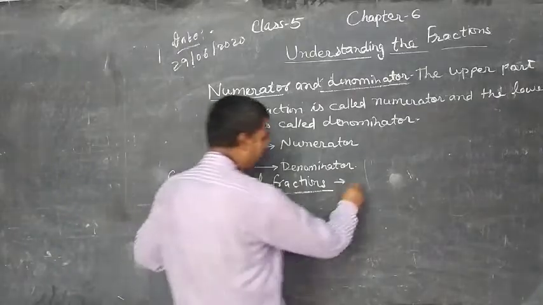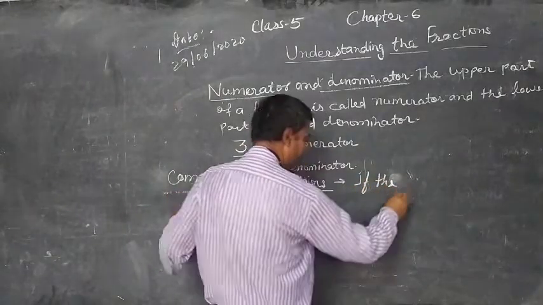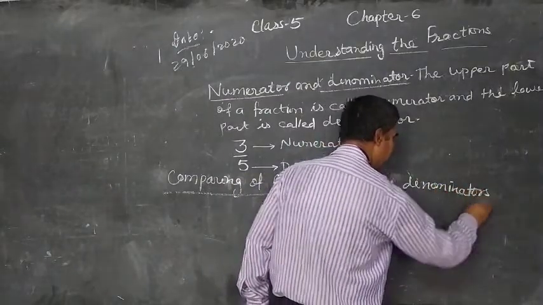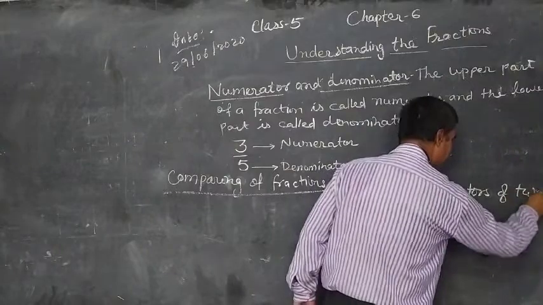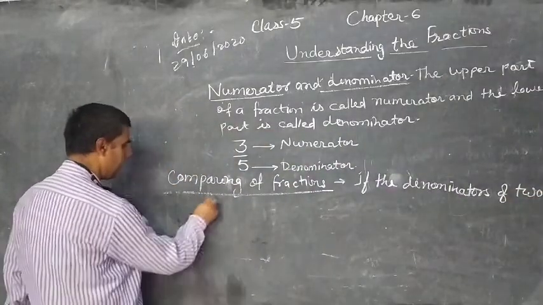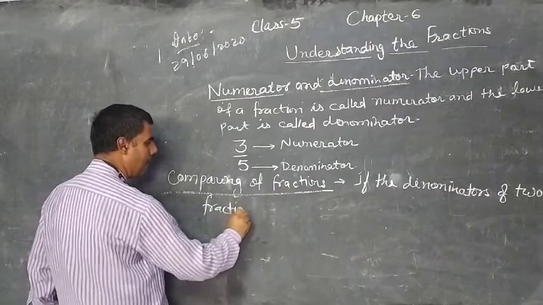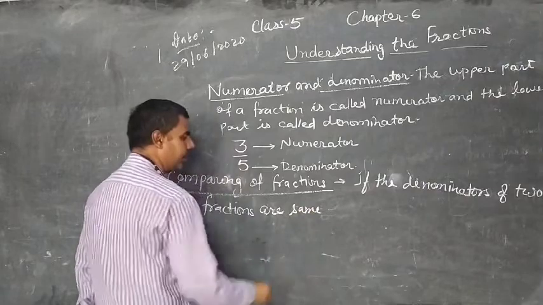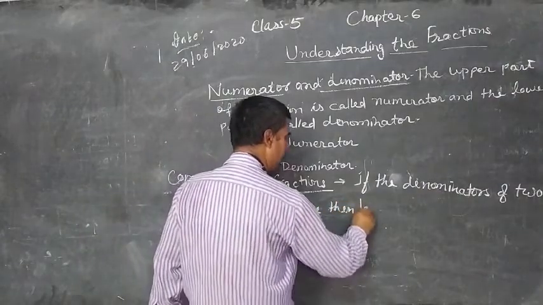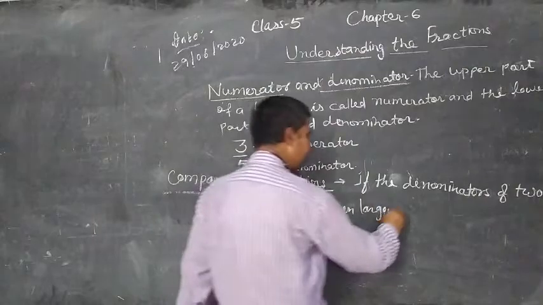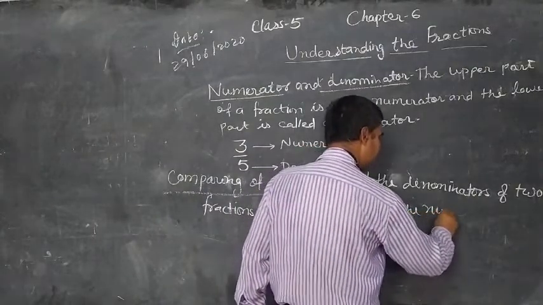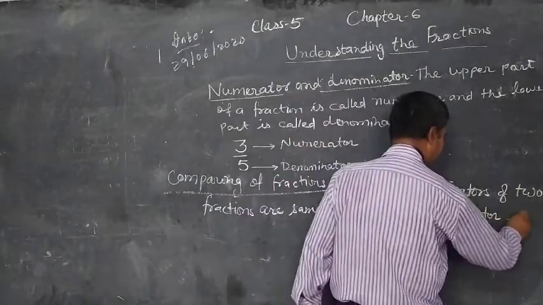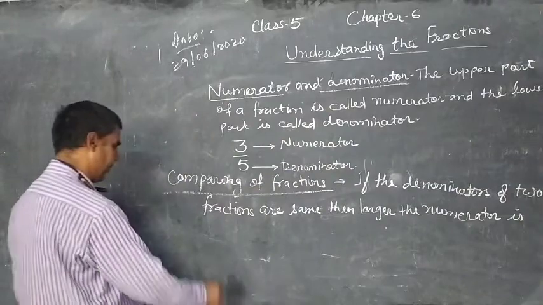If the denominators of two fractions are same, then larger the numerator, larger the fraction.